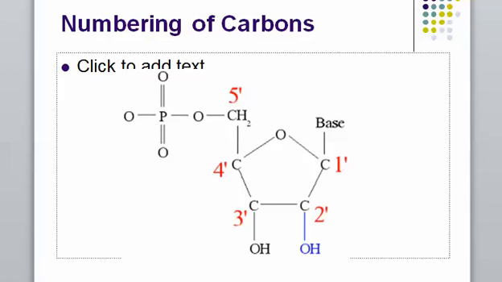So carbons 1, 2, 3, 4, and 5, and so on, imagine those at the bases, up at the top. And then the bases are attached to the sugar, and those are carbons 1, 2, 3, 4, 5 in the sugar. But because they're different 1, 2, 3, 4, 5s, we put a prime on those.